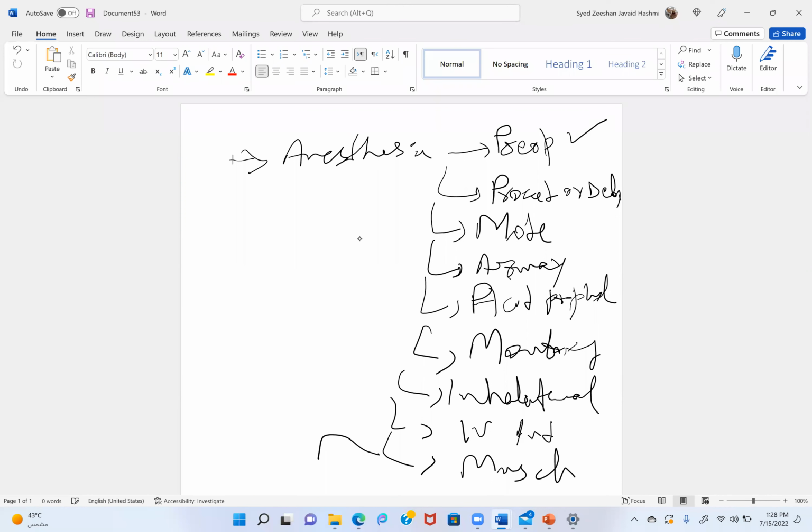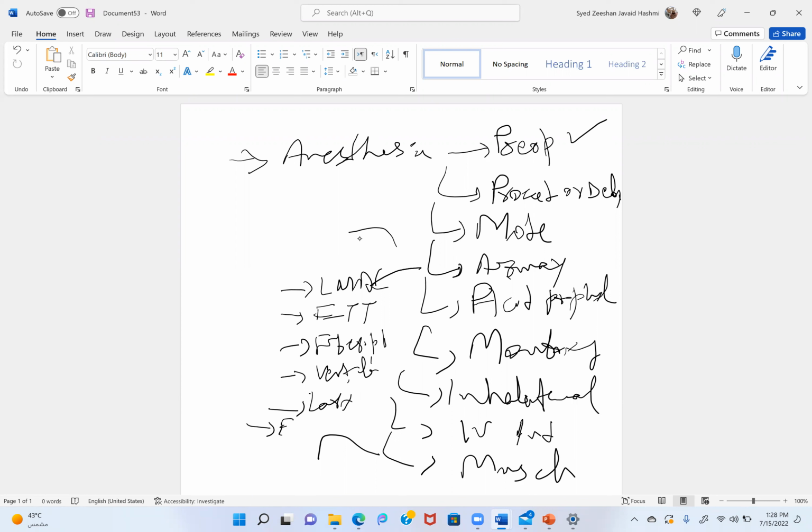Another important thing related to airway is whether you anticipate difficulty and how to manage it: whether you are doing it with an LMA or iGel, whether you need fiber optic, whether you will face problems ventilating the patient, or with laryngoscopy and the endotracheal tube. You will be thinking about it in that way.